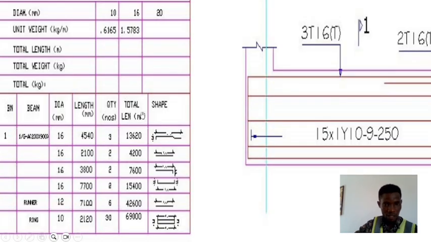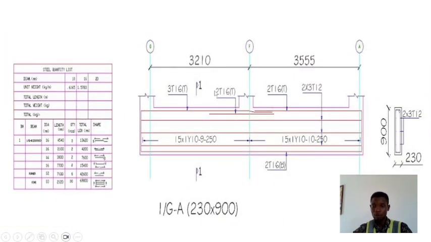Now let me go about how I come about this value. So the way I do my own, the bar mark, although from this drawing, when I modeled the drawing, and before doing the detail, there is always a bar mark attached to all this reinforcement.